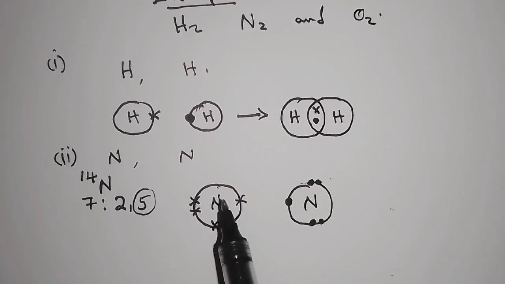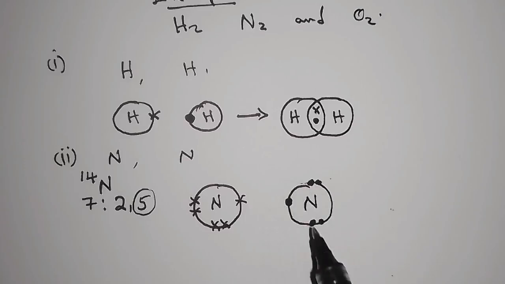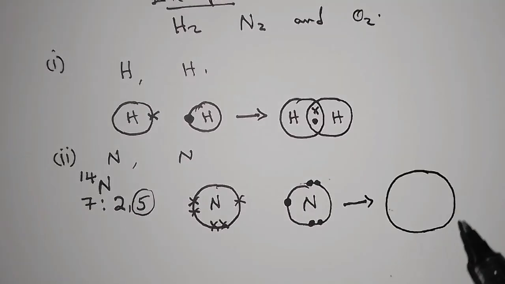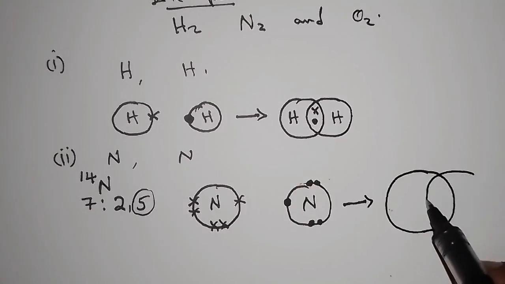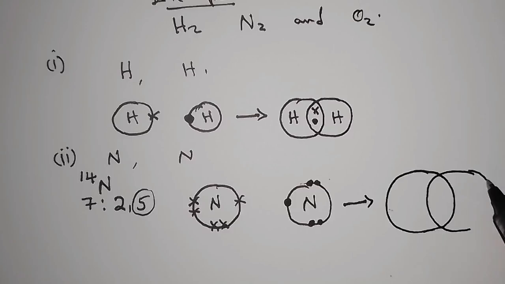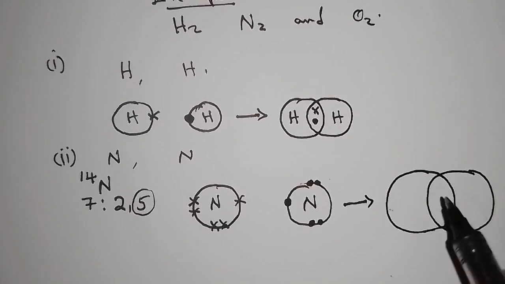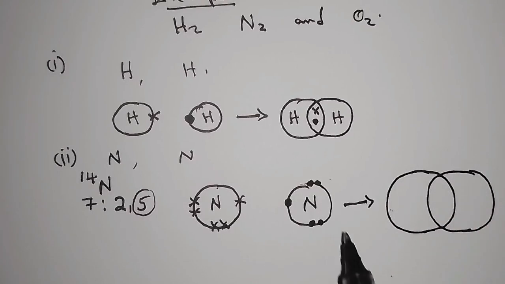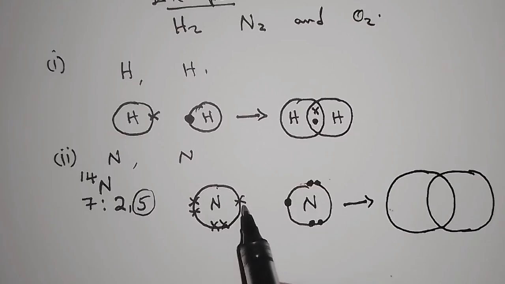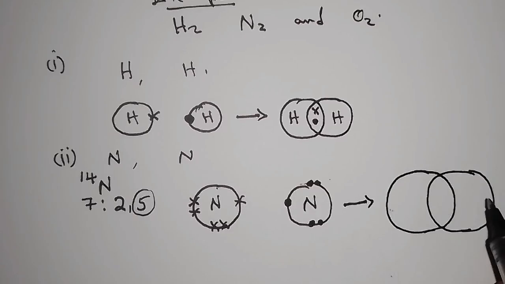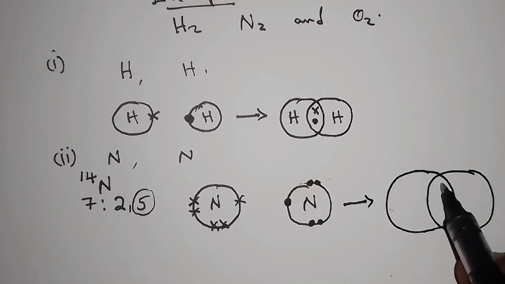What's going to happen is that we are going to share electrons. So you're going to put 3 pairs.